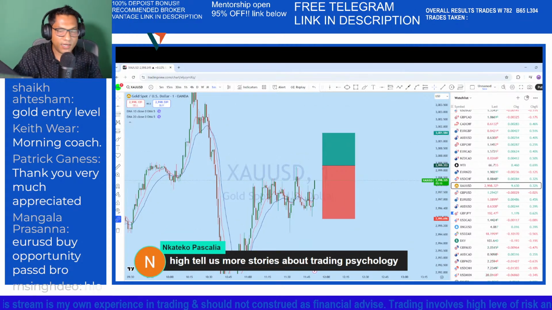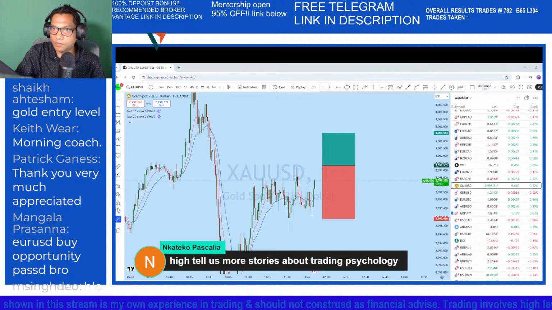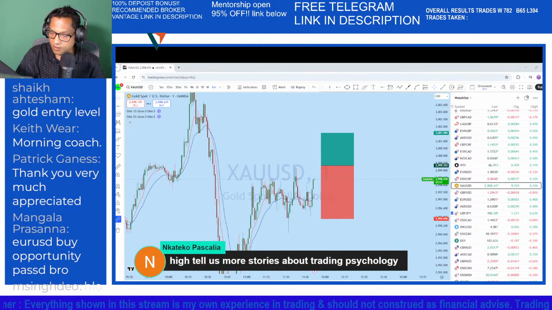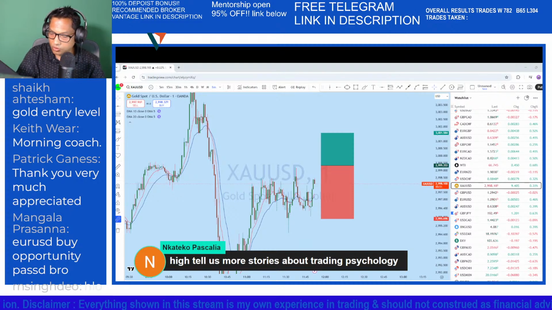Buy stop at 2999.35, stop at 2995.696 and TP target at 3001.584.